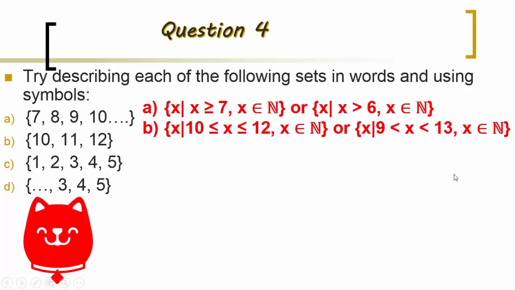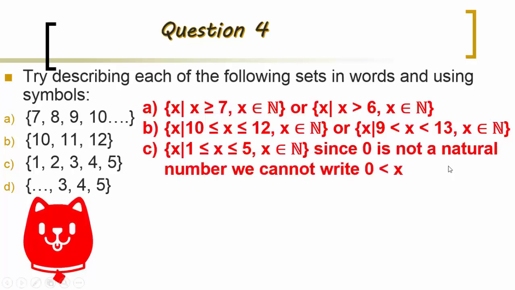Well, how about this next one? We can't write it this other way. We can only write it this way, where the set of all x such that x is greater than or equal to 1, because the natural numbers only start at 1, and then we end it at 5, where x is less than or equal to 5, and x is an element of the natural numbers.